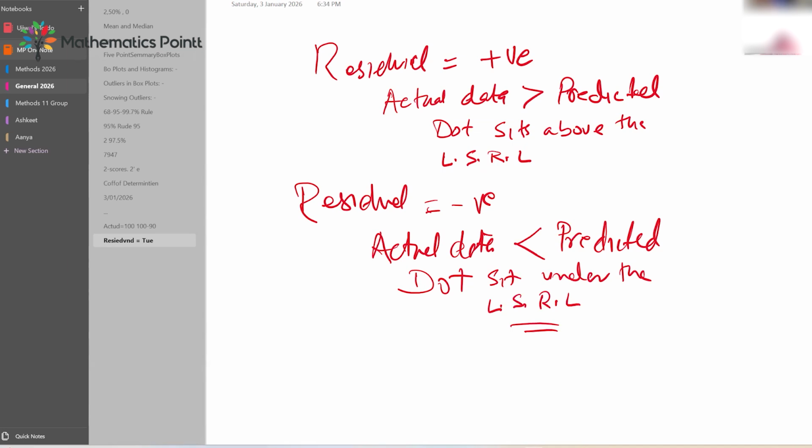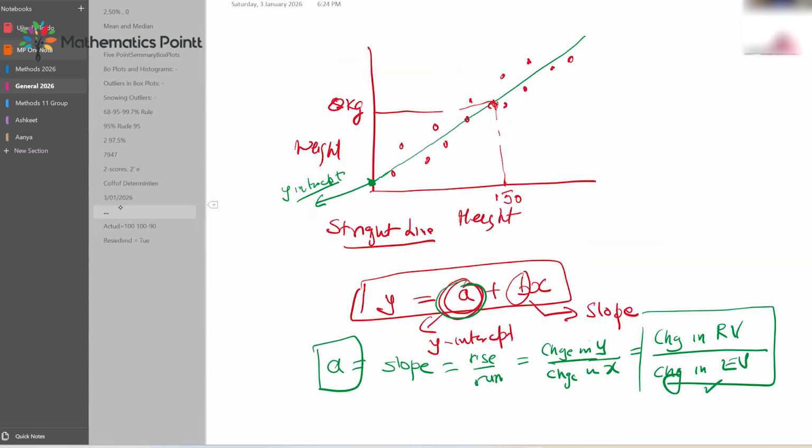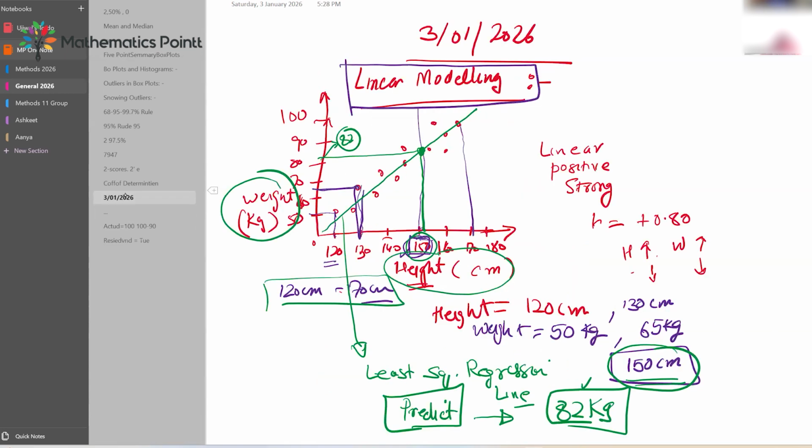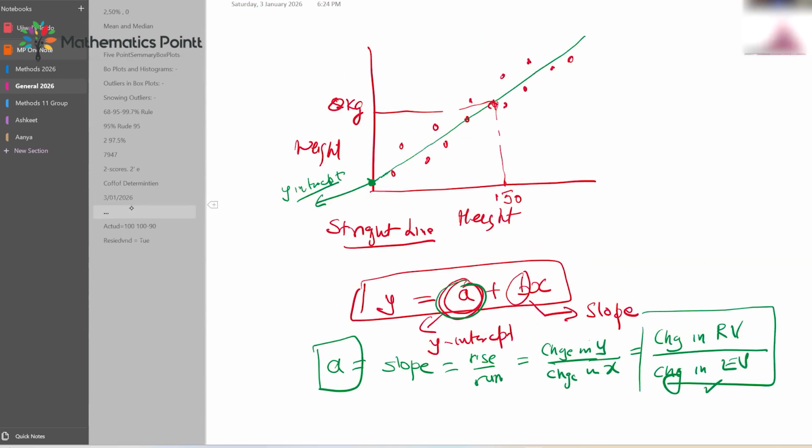Is the concept of linear modeling clear so far? So what we learned? We learned that there is a scatter plot and I can draw a least square regression line. The least square regression line looks like a plus bx. A is my y-intercept. B is my slope. Sorry, this is B, my bad.